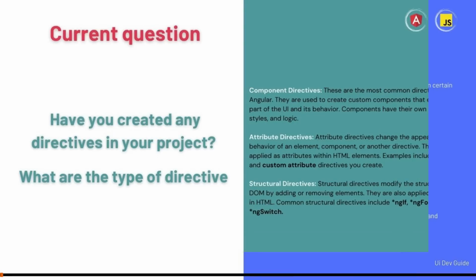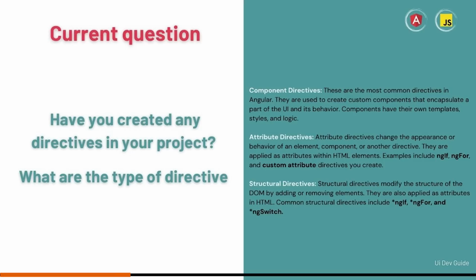Okay. So have you created any directives in your project? Yes. Okay. So when should we use a directive? So for directives there are ngFor and ngIf that we are asking. Yeah. So what types of directive are there? There are actually three types of directives.